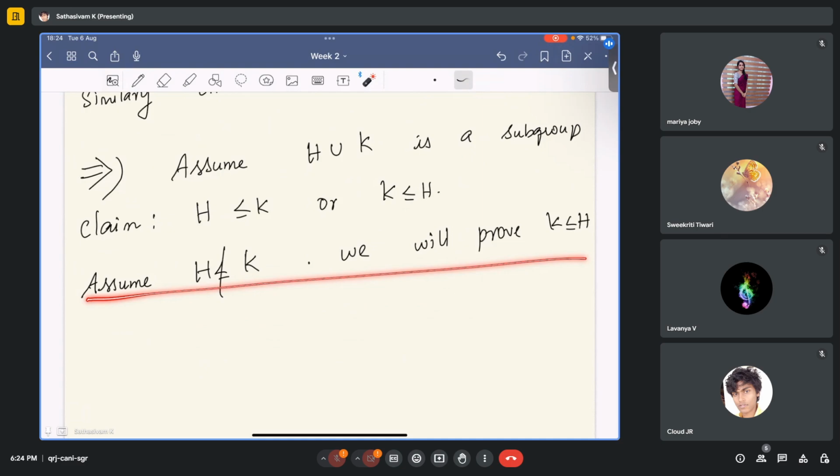See why this is equivalent to proving this? Because what are the possibilities? Either H is contained in K or H is not contained in K, right? If H is contained in K, then the statement is true. So we can assume that H is not contained in K, and in that case this has to be true.